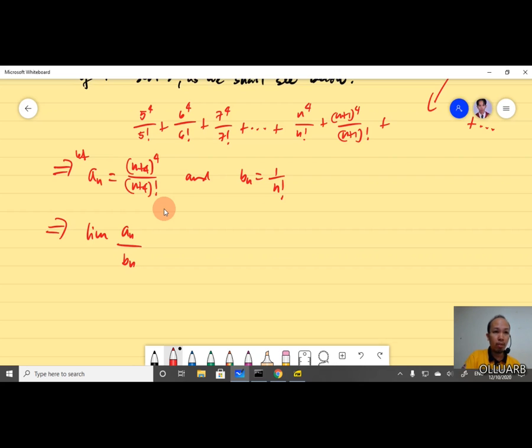If the series is convergent, then it stays convergent even if you discard the first few terms. As n approaches positive infinity, this is n plus 4 to the 4 over n plus 4 factorial over 1 over n factorial.